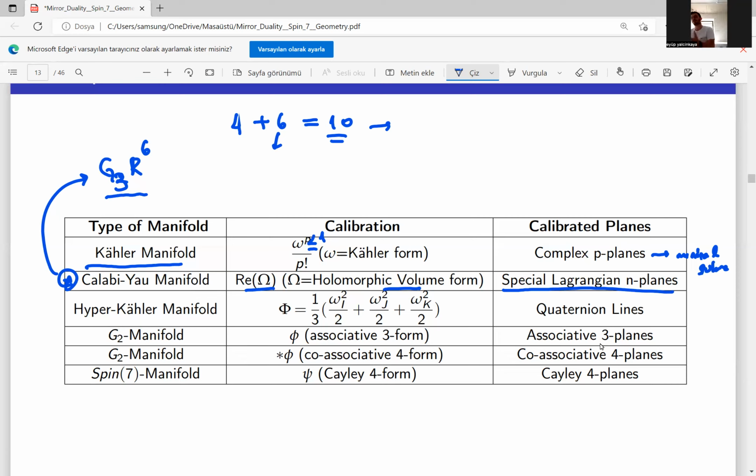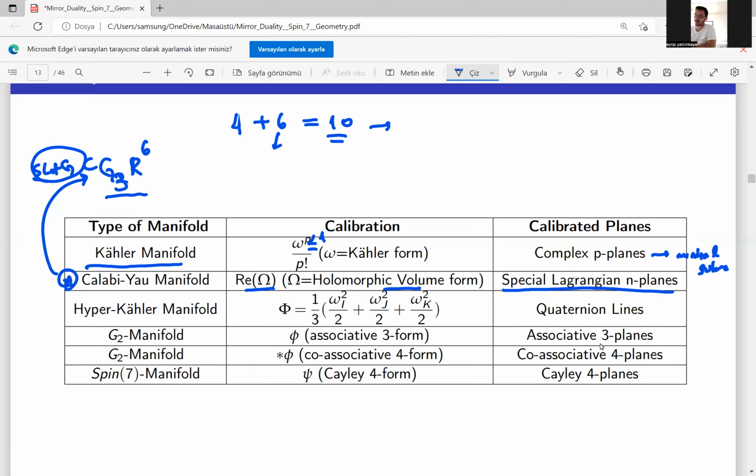At the end of the day, you can look at all possible special Lagrangians. So these spaces sit inside of G3 R6, okay, and the bigger space, each element defines a special Lagrangian. So the properties of this special Lagrangian are also important, and we studied this one.